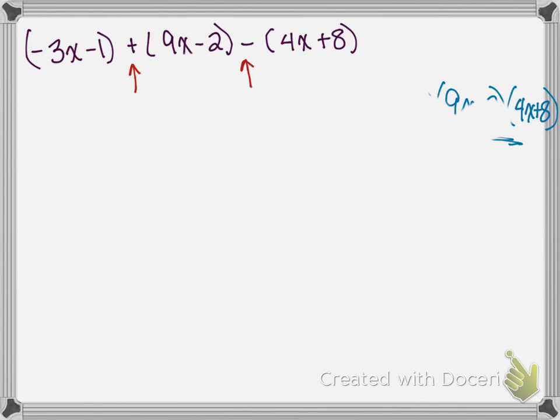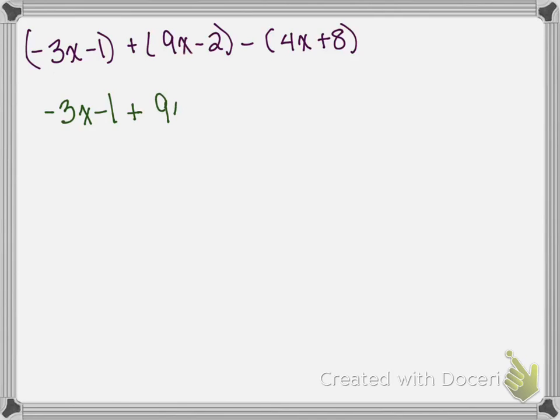So in my first binomial, and that's called a binomial because I have two terms, okay? In my first binomial, I've got negative 3x minus 1. Okay, there's nothing that needs to be distributed and nothing inside the parentheses that can be combined. So for my next one, I'm adding, so I don't need to distribute a negative sign, and I get 9x minus 2.